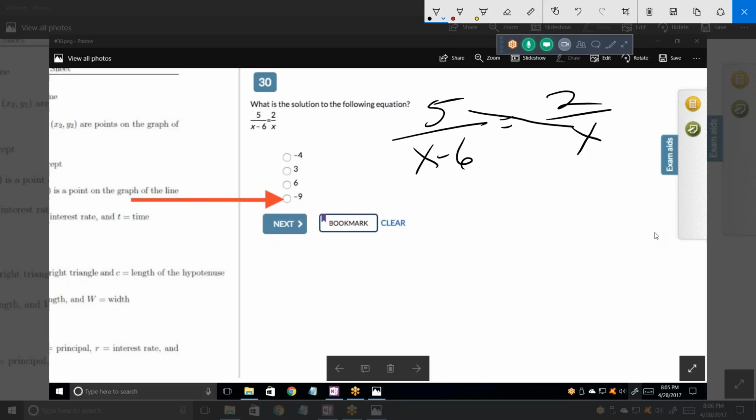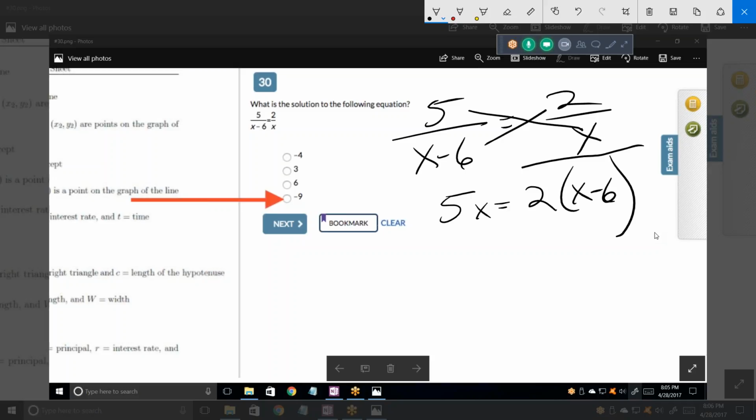In other words, I'm going to multiply that together and I'm going to multiply that together. So I'm going to end up with 5x equals 2 times x minus 6. That's doing two steps in one. I multiplied both sides by x, then I multiplied both sides by x minus 6.